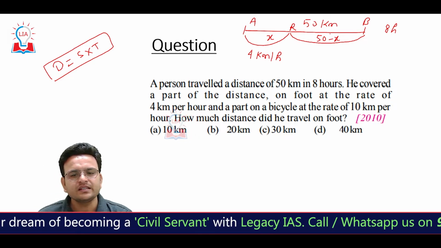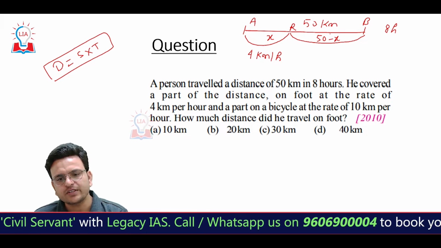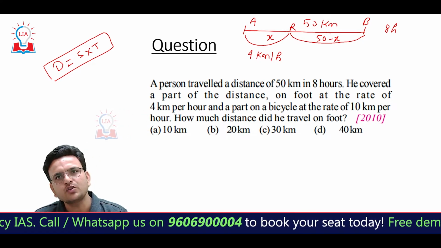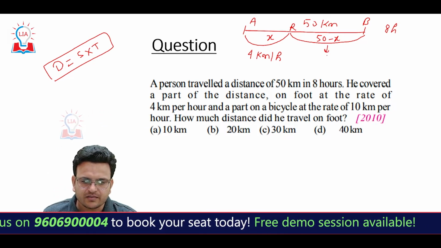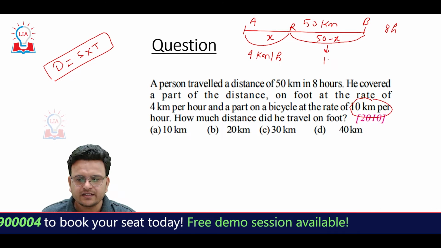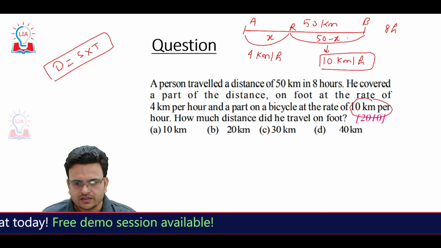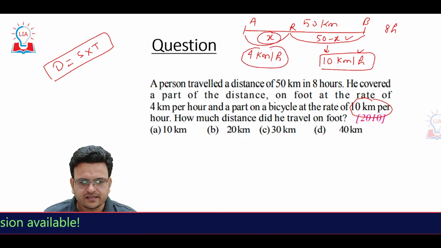It simply means the distance A to R the person has covered with a speed of 4 km per hour, and the distance from R to B, that is 50 minus x, the person has covered with a speed of 10 km per hour. We know this is distance, speed, distance, speed.